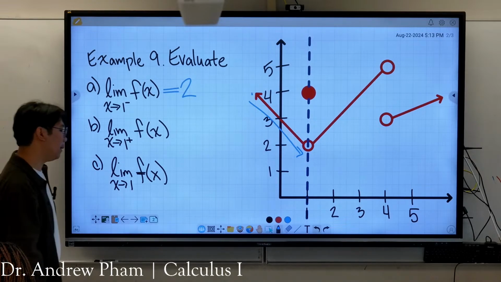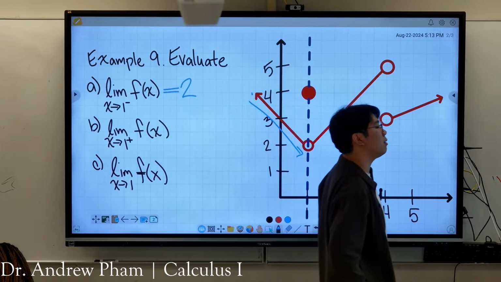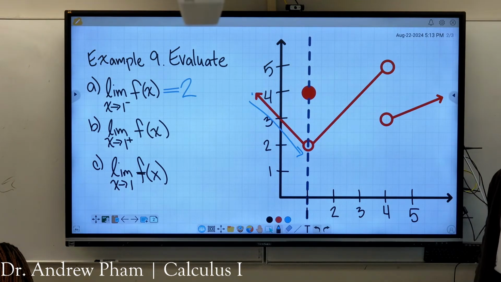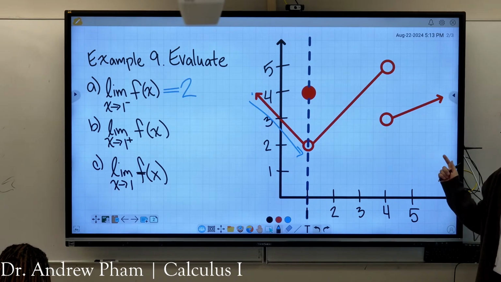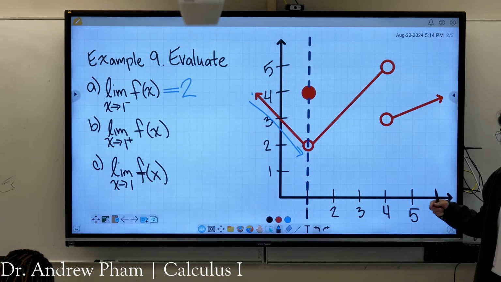What's going to happen for part B? The limit as x approaches 1 from the right. Well, let's go ahead and see. First off, am I working with the left side or the right side of the graph? Right.